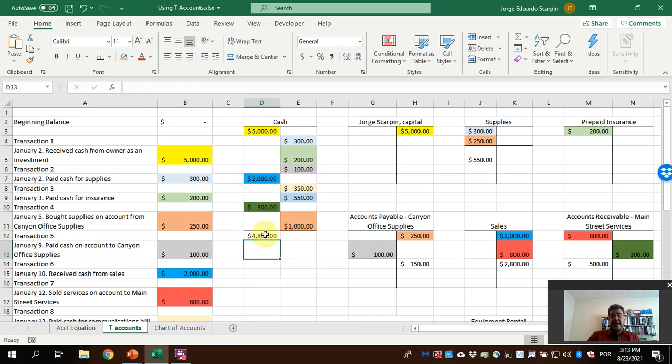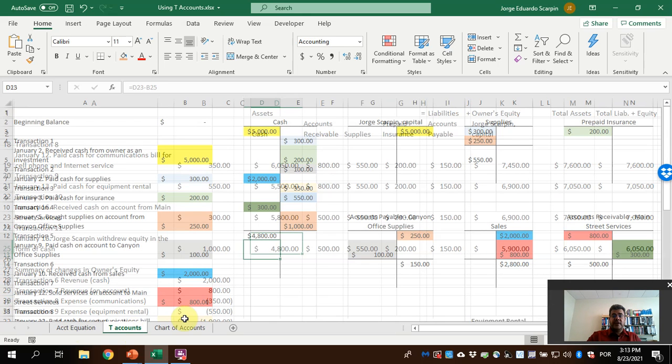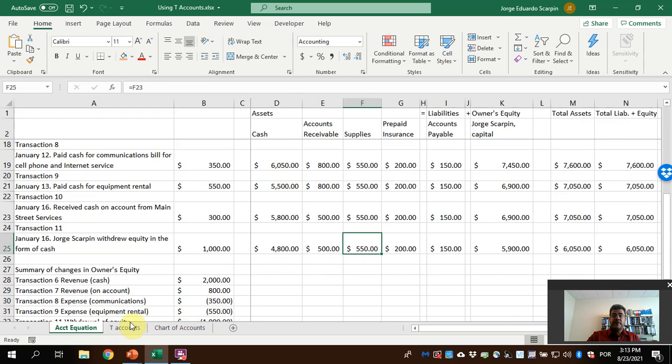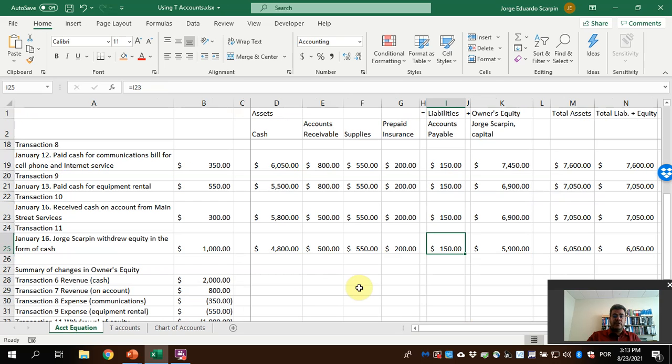We can match these numbers with the accounting equation. 4,800 for cash, 500 for accounts receivable, we are good. 550 for supplies, we are good. 200 for prepaid insurance, we are good. 150 for accounts payable. We're good.